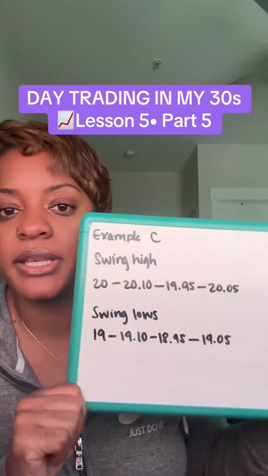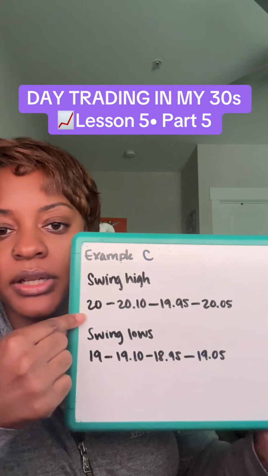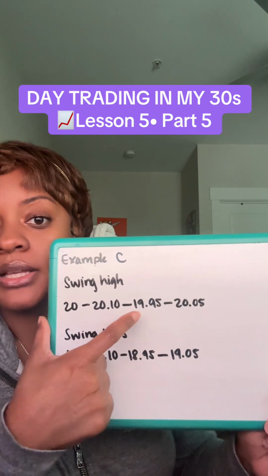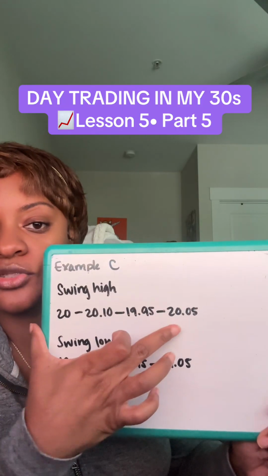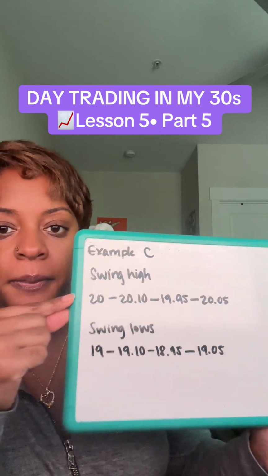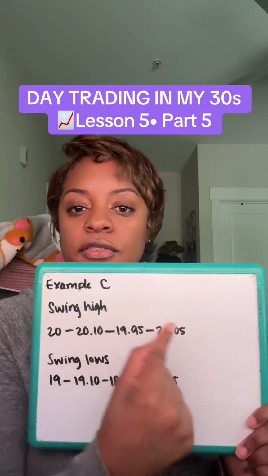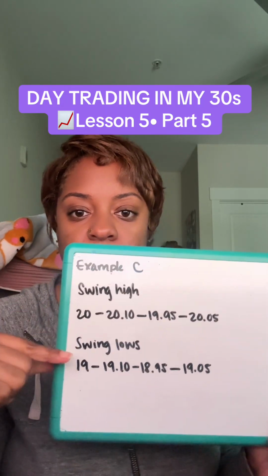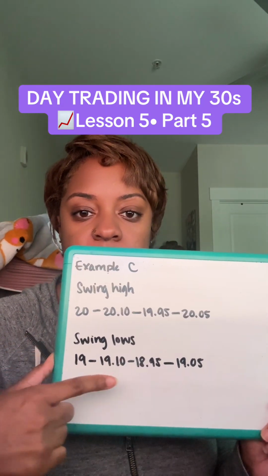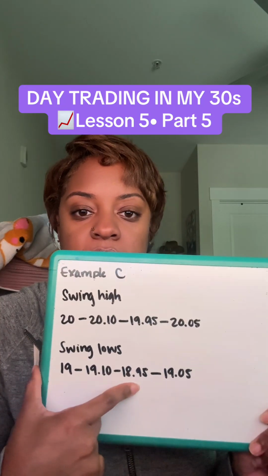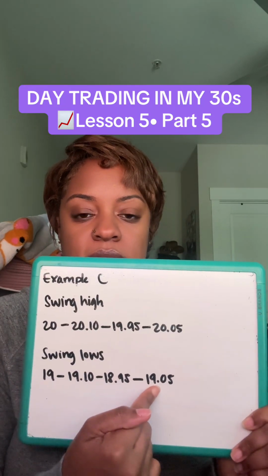For example C, we have swing highs. They go from $20 to $20.10 to $19.95 to $20.05. It's all within the same range of around $20. Then we have a swing low of $19 to $19.10 to $18.95 to $19.05.